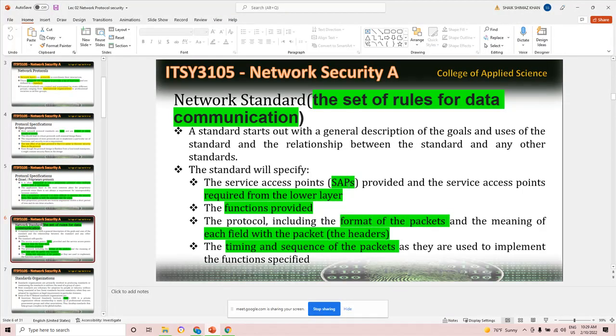The service access point provided and required from the lower layer. Sorry, I forgot to highlight this. So each layer, what service they are going to give to the lower layer, and also what service they require from the upper layer.